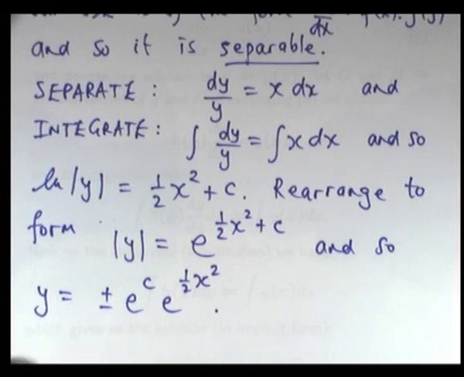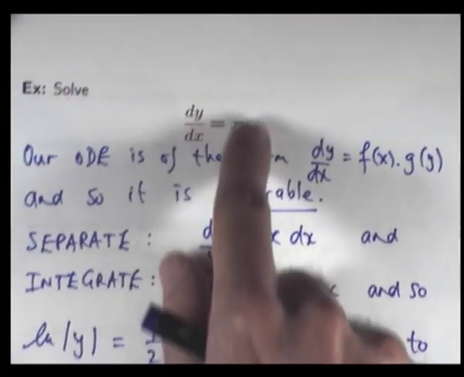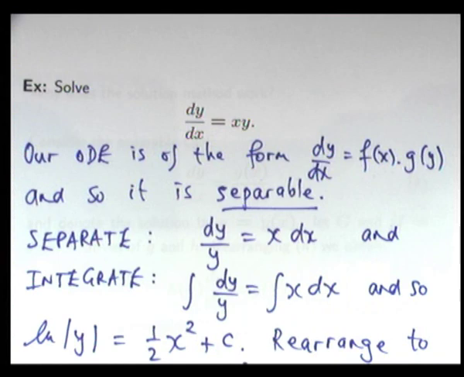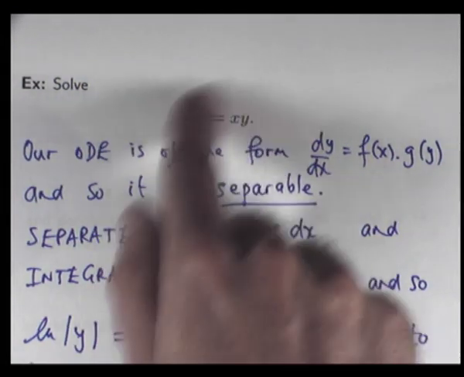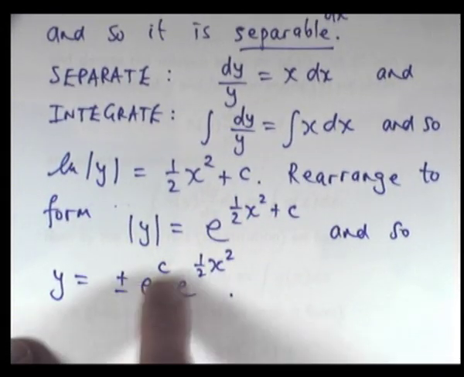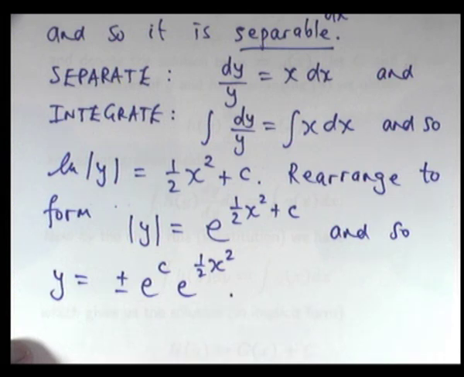But there's one important thing that we've missed here. If you go back to your differential equation, you can easily verify that the zero function, y identically equal to 0, is a solution to this. But if we go down to our solution, this can never be equal to 0 because this is positive and we have plus or minus some positive thing here. So we've actually missed one of our solutions.